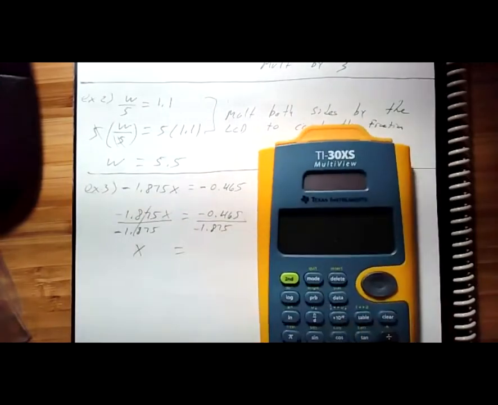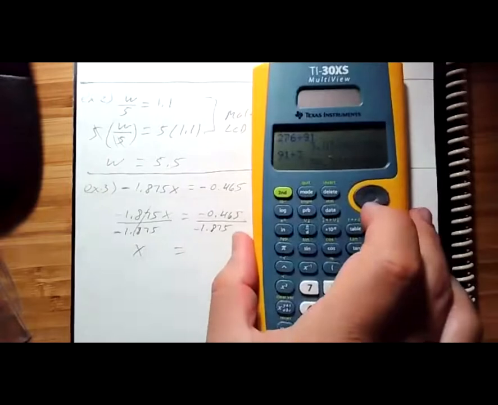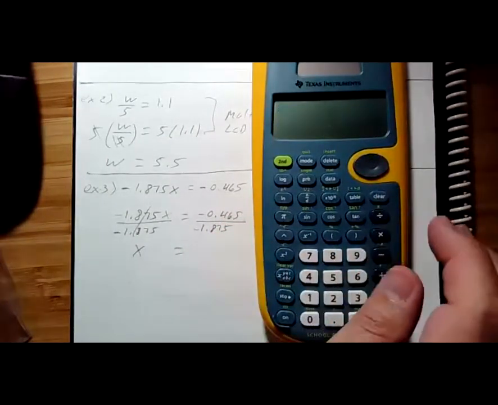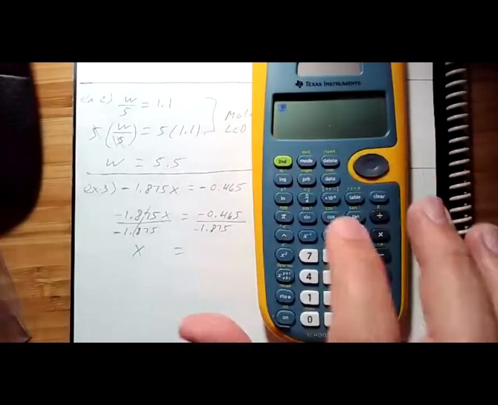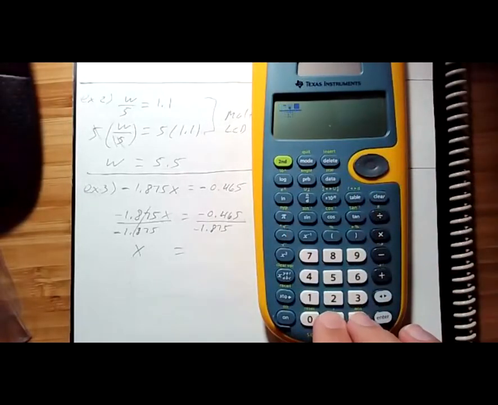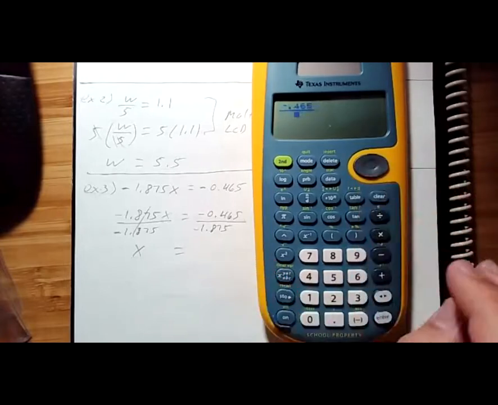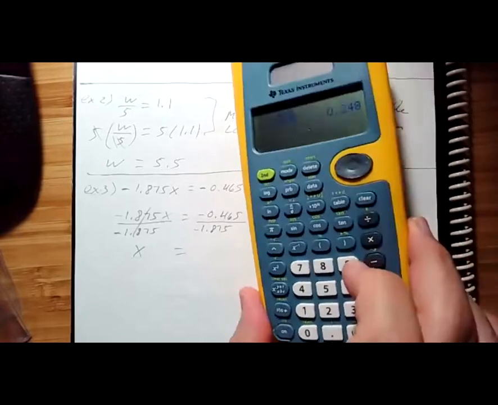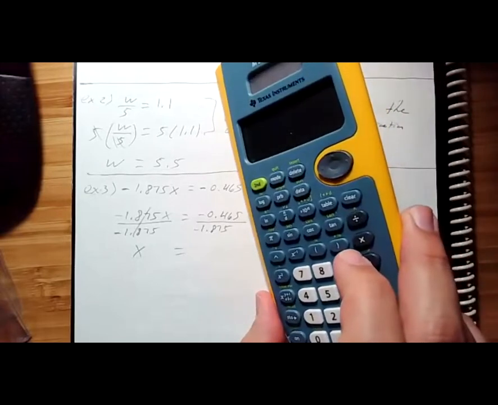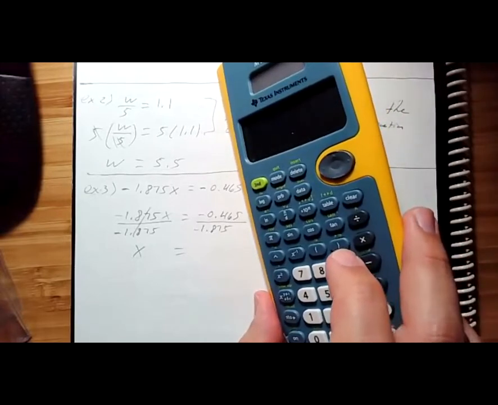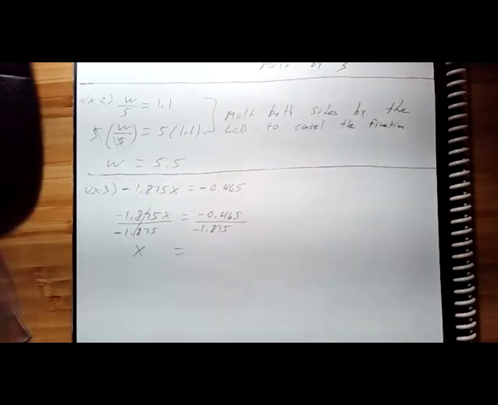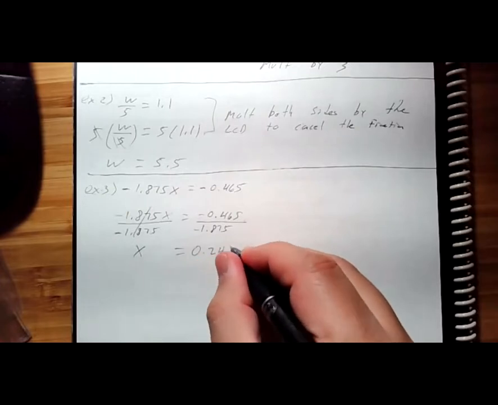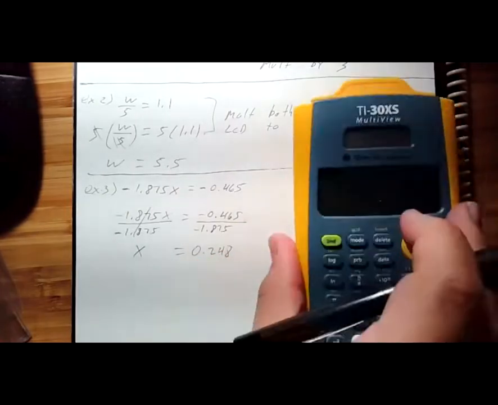Here's the calculator that you should be using if you have one. If not, you will Monday for sure. Just let me know. Okay, so I got 0.248. Any questions on 3?